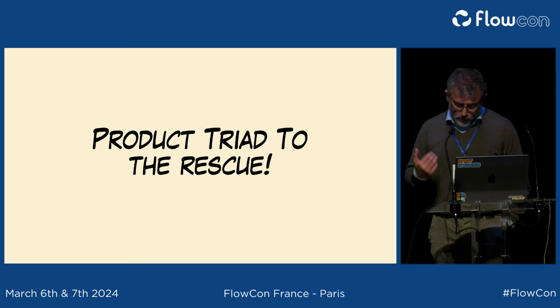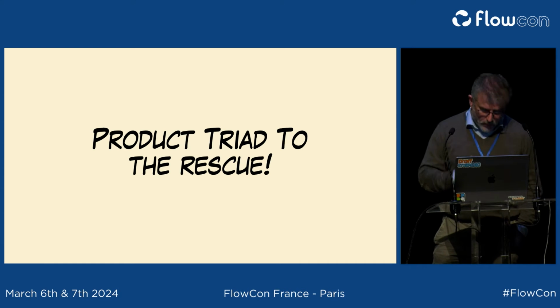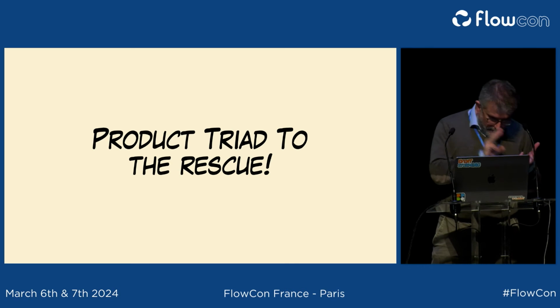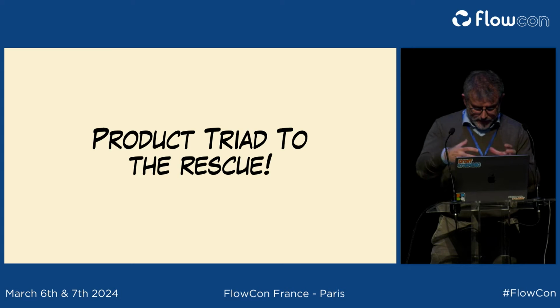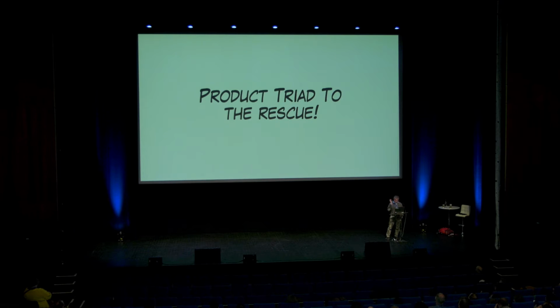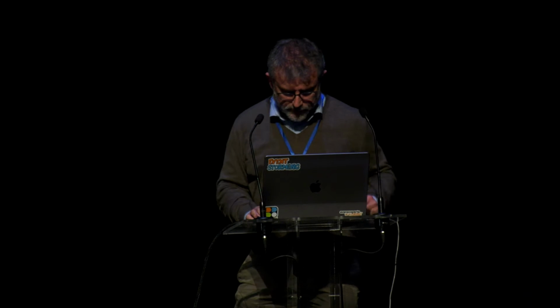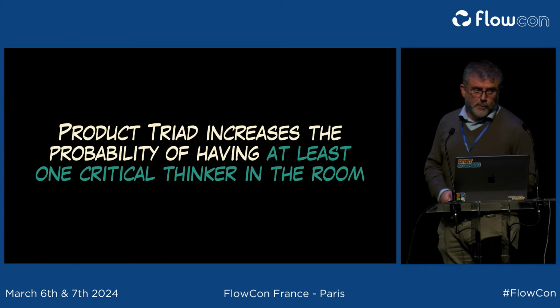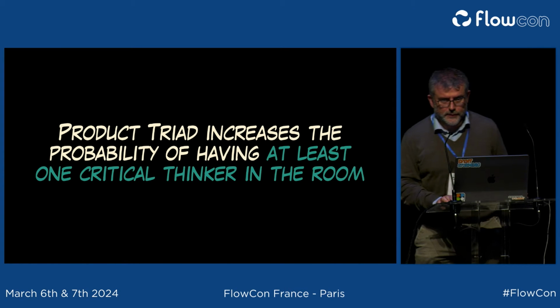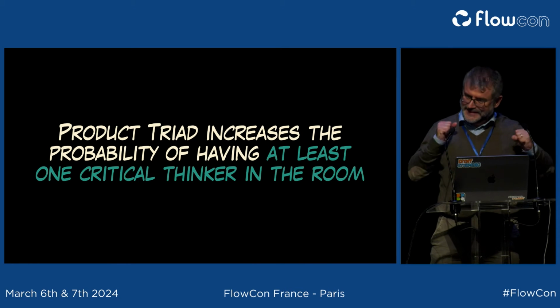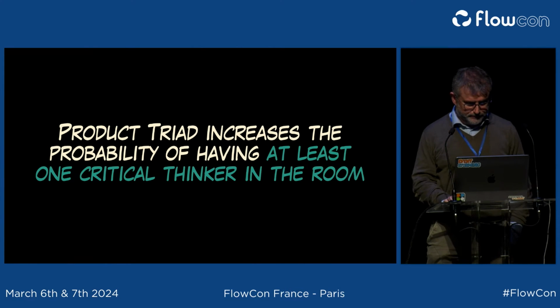So if there is one more reason to go with the so-called product triad, having business, engineering, and design in the same discussion, this is one. It helps reduce the impact of biases on strategic choices. It helps see things from different perspectives, but more realistically, it increases the probability of having at least one critical thinker in the room. In the worst case, you have 3 people, not a critical thinker. That might not be the best place to be.